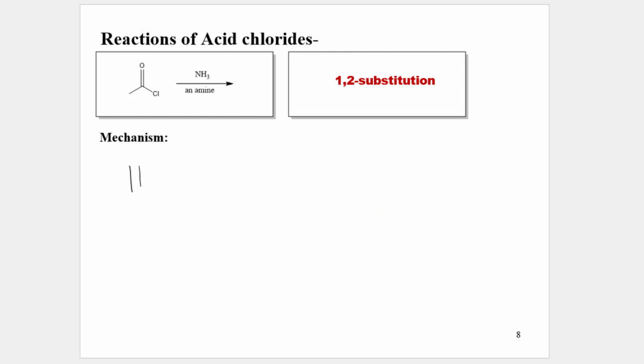How about we start with an acid chloride again? And this time, let's do, I don't know, diethylamine. Okay, any amine. I could have done ammonia, right? But I'll just use diethylamine.